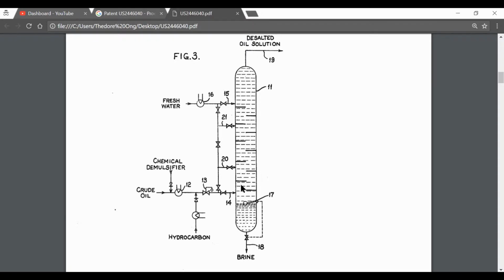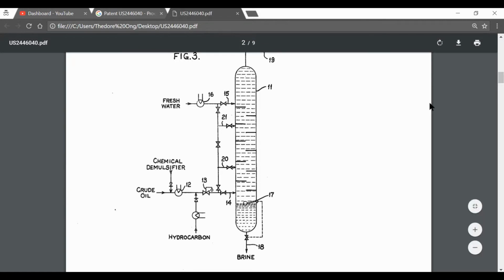Basically, when water goes down, it gets more and more salty because the oil is going up and the salts are getting transferred from the oil to the water. So that's actually a liquid extraction. If you ever studied chemical engineering before, you know what this is like. So this is basically liquid extraction at work. Alright? So this is a settler system.